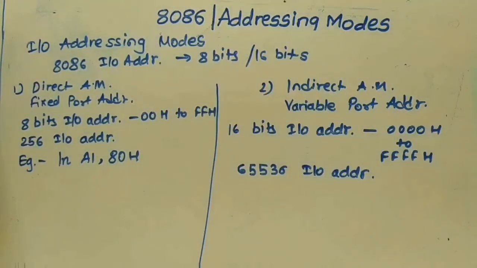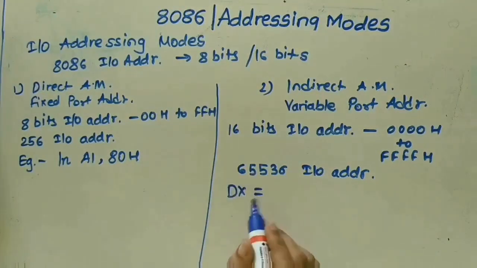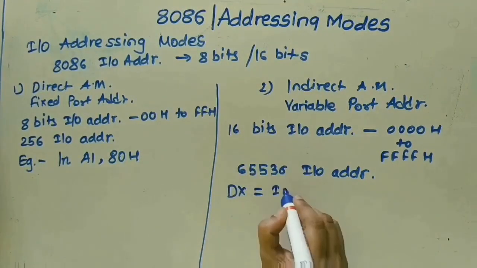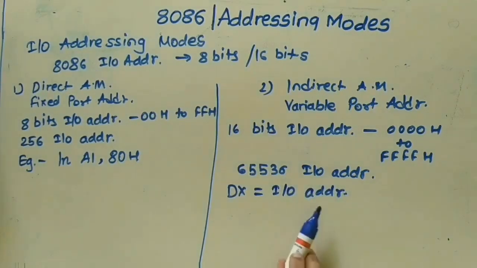In this case the IO address is not specified directly in the instruction, but the register DX is used to specify the IO address.